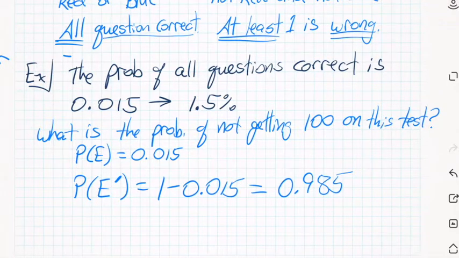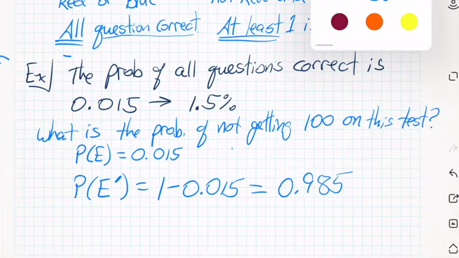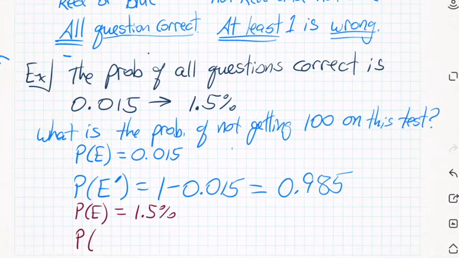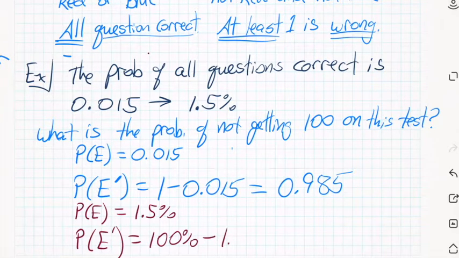Now, if we're talking about the probability of the event being its percentage, 1.5%, then the probability of the event's complement is very similar. It's just you're going to have to do 100% minus 1.5%.